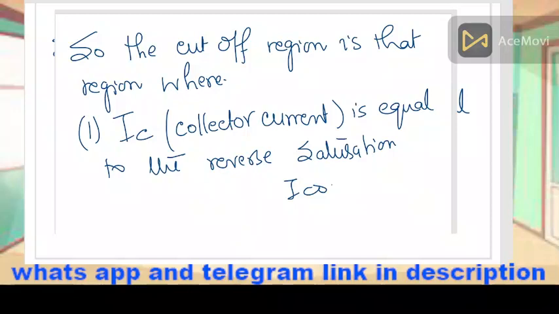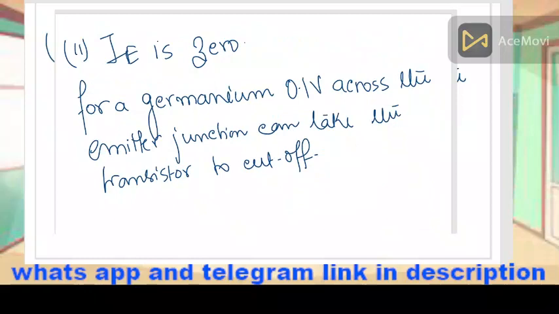As we saw, IC is equal to 10 times ICO, because alpha is 0.9 for germanium. The next thing required specifically for a germanium transistor is that the emitter current IE should be 0, because the emitter base junction should be reverse biased, and in the reverse bias there should not be any current.